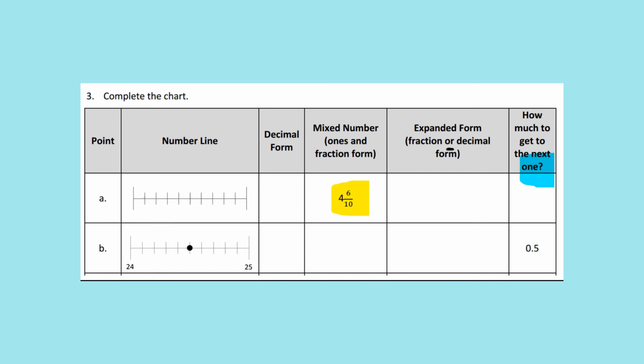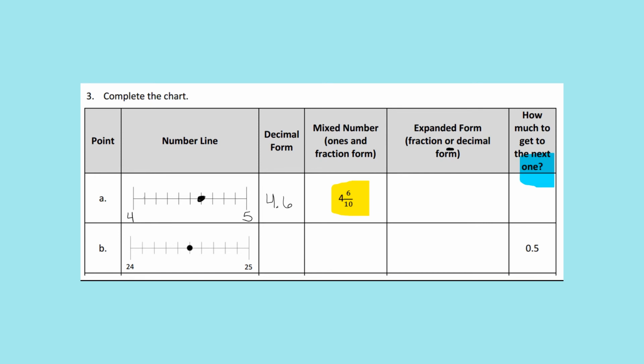If my whole number is 4, then I know I'm working in between 4 and 5. So I'm going to count over 6. 1, 2, 3, 4, 5, 6. That's where I'll put my point. I'll write the number as a decimal, 4 6/10. It's already written as a mixed fraction.